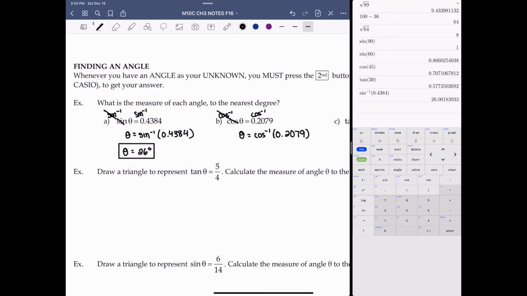Then in our calculators, second or shift, then cos. If there's not brackets already, put brackets. 0.2079, enter, and we get 78.0006. So theta equals 78 degrees.